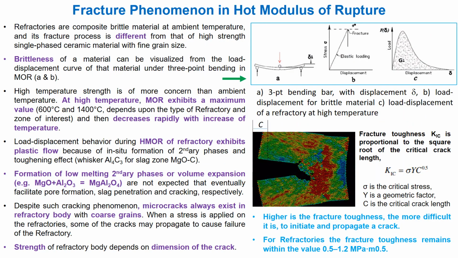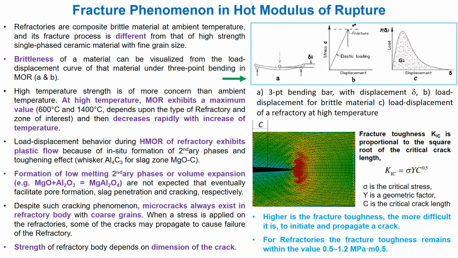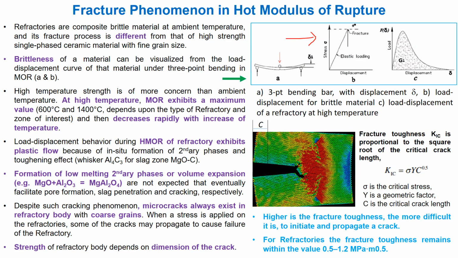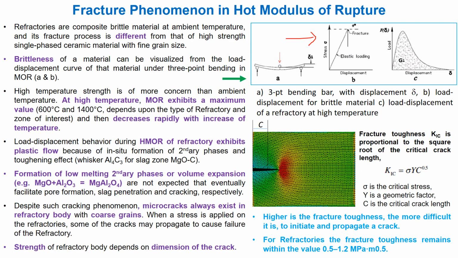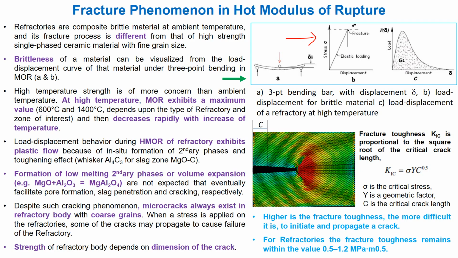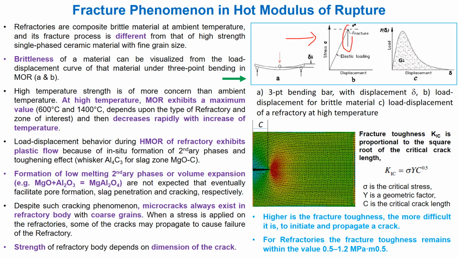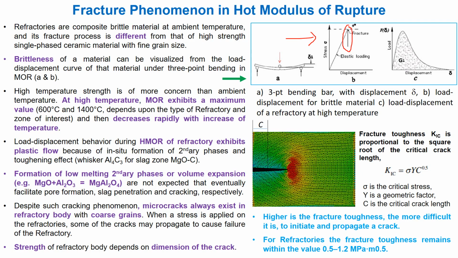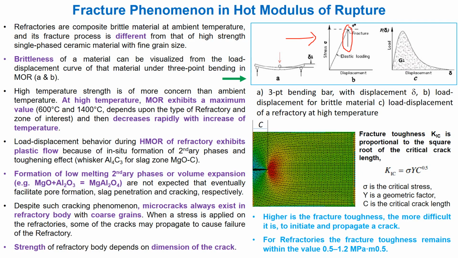How does fracture happen and switch to plastic deformation during high temperature bending? The load displacement plot for refractory differs from high temperature bending of fine grained ceramics like this. High temperature in situ formation of the secondary phase enhances the plastic deformation.